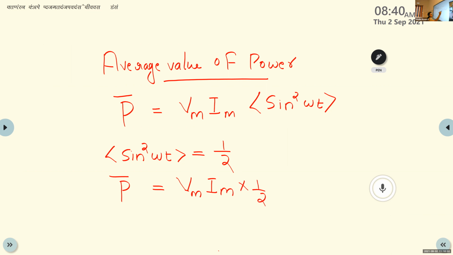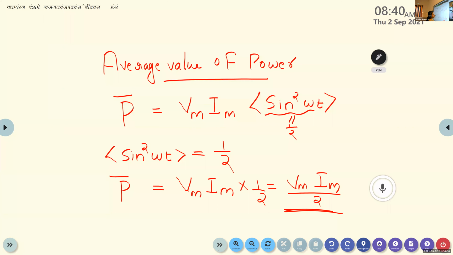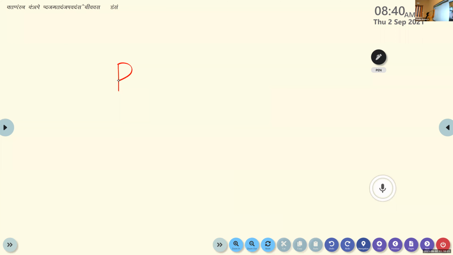That is, sine square omega t is equal to 1 by 2, so that term becomes half. So P bar is equal to Vm Im divided by 2.